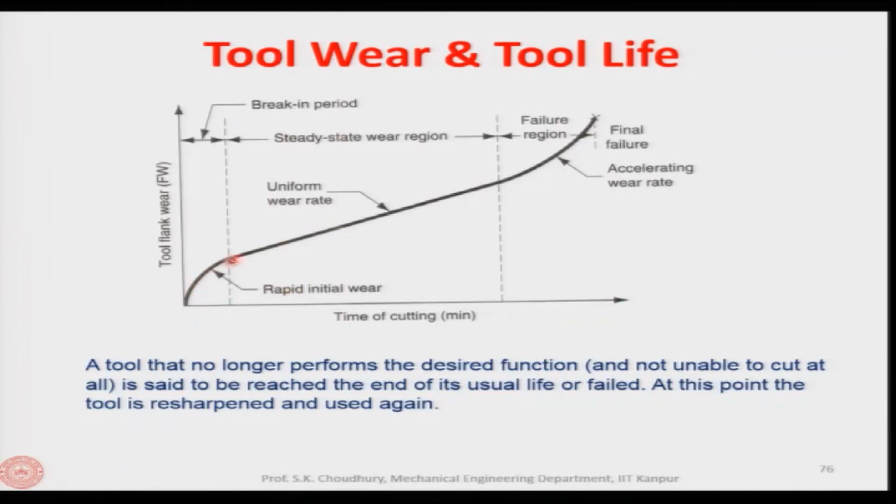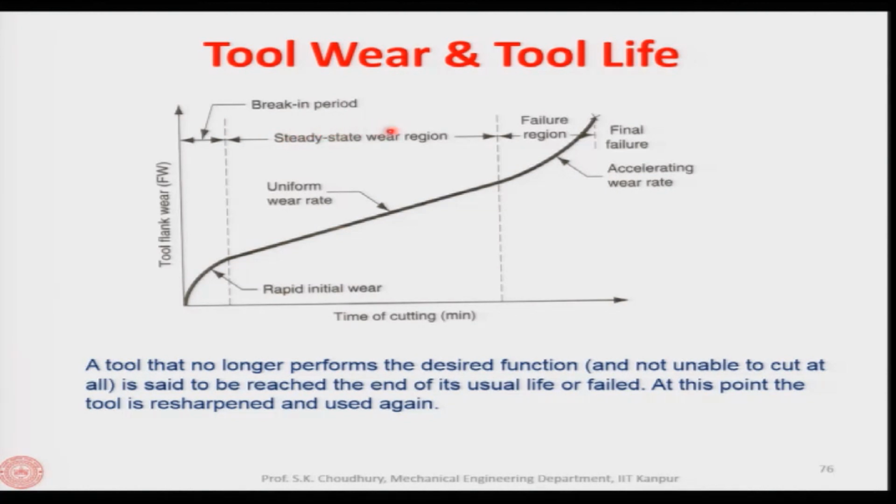So, the curve goes like this, this is a popular curve, and it is explained in the following way. Initially the tool is sharp, and there is a lot of stress concentration around the sharp tool. So, initially as it comes in contact with the workpiece, there is an initial break-in. This is called the break-in period.